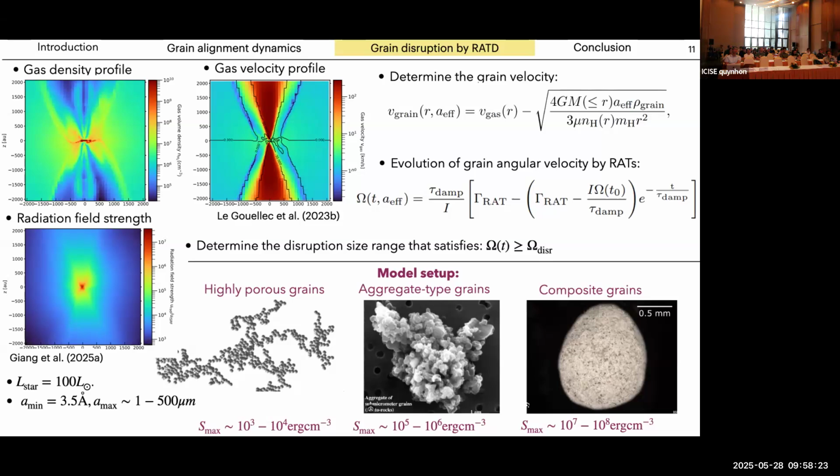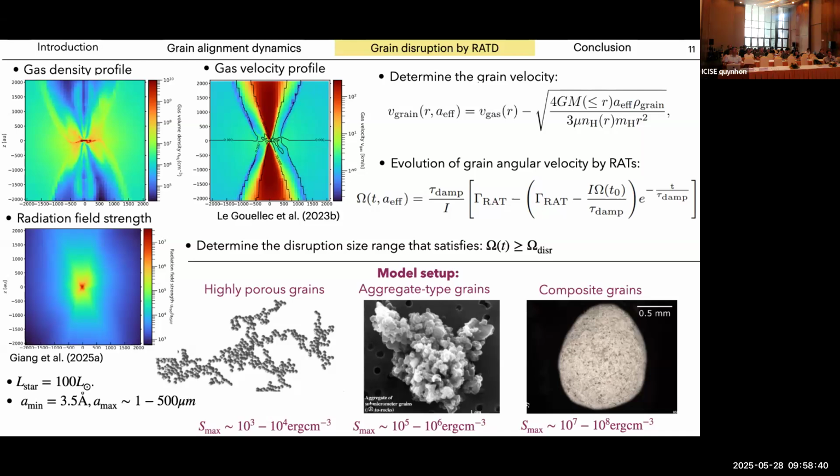So for the model setup, we first consider the extreme case of a stellar luminosity of 100 solar luminosities. We consider three different models of the grains. The first case is highly porous grains with tensile strength 10^3 to 10^4.